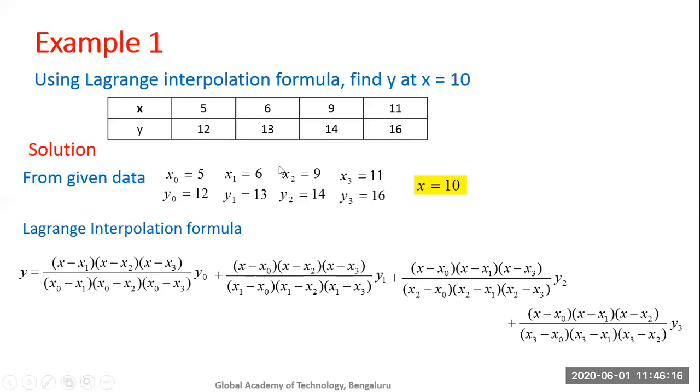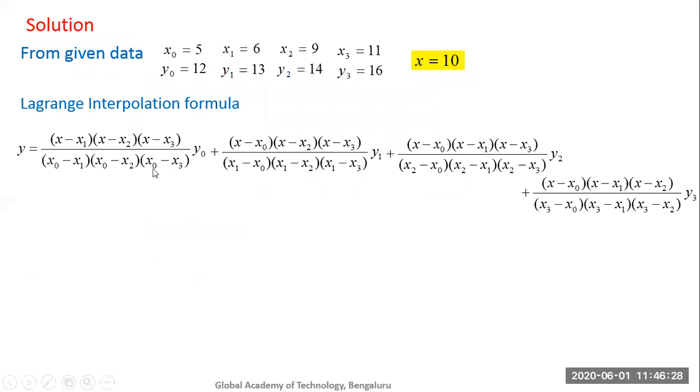Now all these values are given in the table. We have x0 to x3 and y0 to y3, and we want the value of y for x equal to 10. So replace all those values in this formula. In the first term, replace x by 10 and use x1, x2, x3. We get 10 minus 6, 10 minus 9, 10 minus 11 in the numerator.